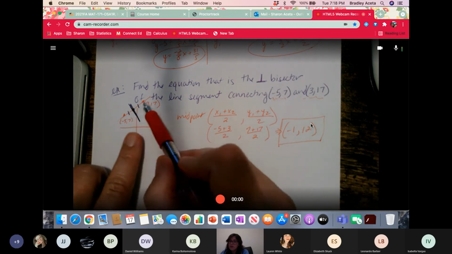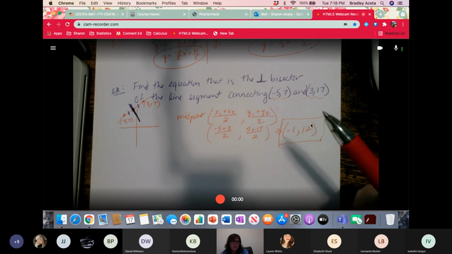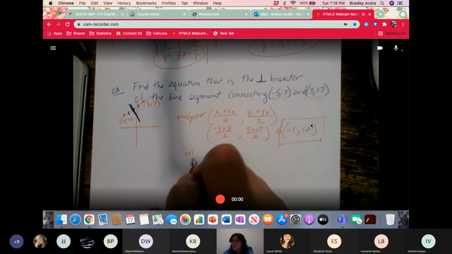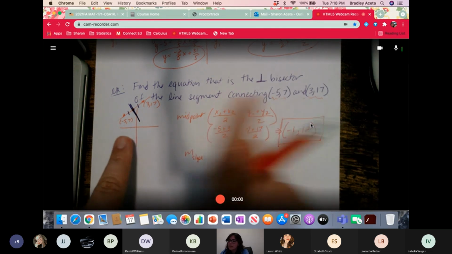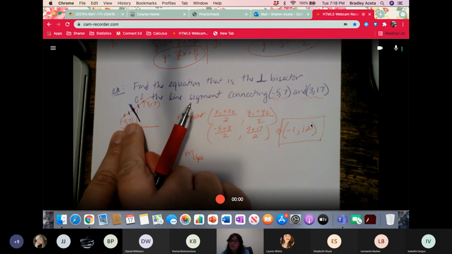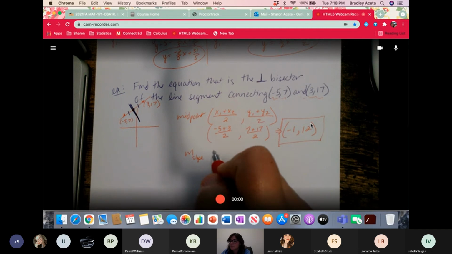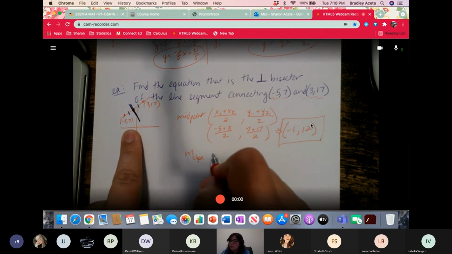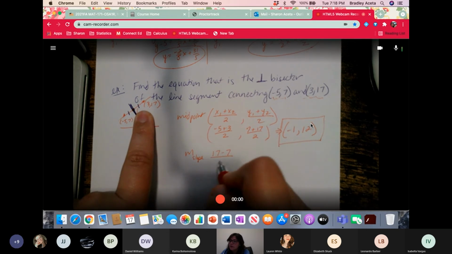So you got to figure out this slope and then tell me the perpendicular of it. So let's say I was to find the slope of the 2 points they gave me, (3, 17) and (-5, 7). Slope is easy: y2 minus y1 over x2 minus x1.